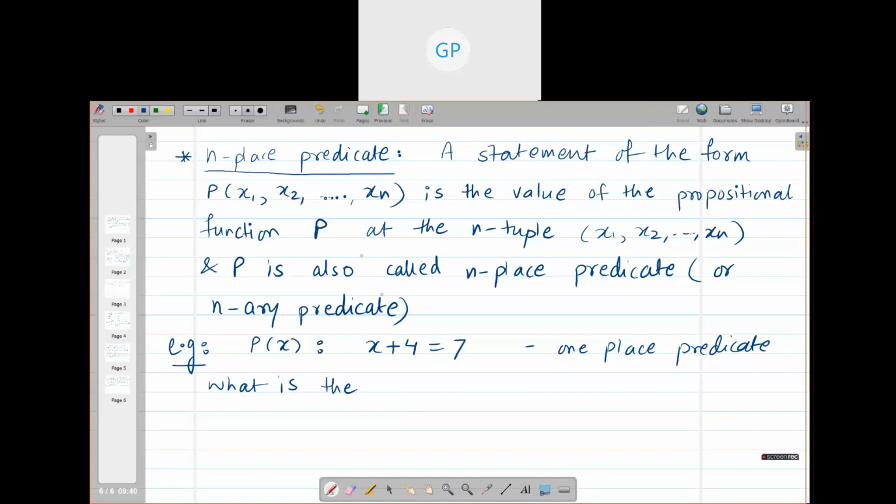What are the truth values of P0, P3 and P minus 1? Okay, so what will be P0?